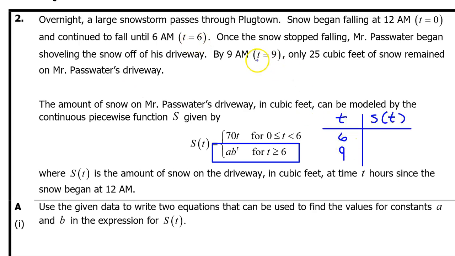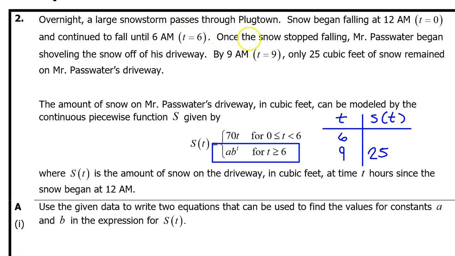We are told that at t equals 9, there are 25 cubic feet of snow on the driveway. So we have the input-output pair 9, 25. We need to know how much snow is on the driveway at time t equals 6, but they don't tell us directly.